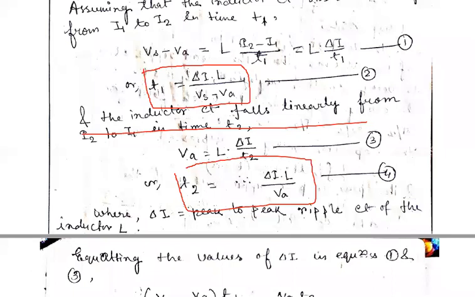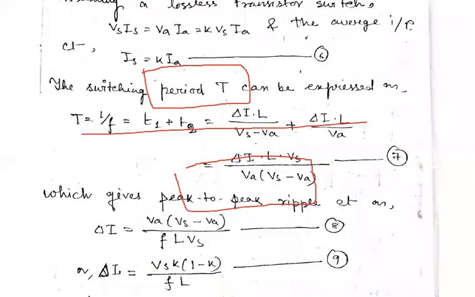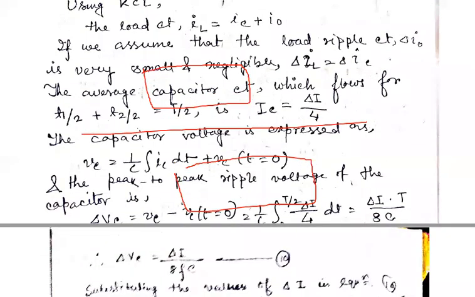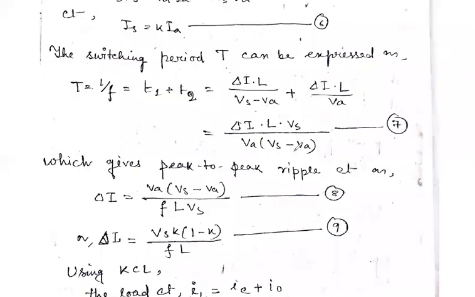So from here we put the value of T1 and T2 and get this result, which gives the peak to peak ripple current ΔI.